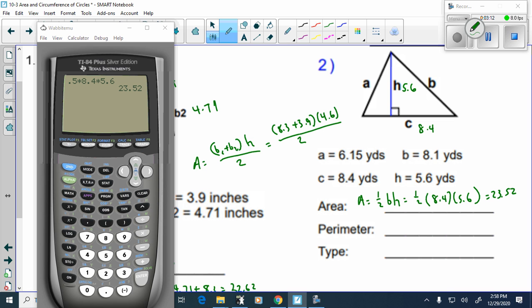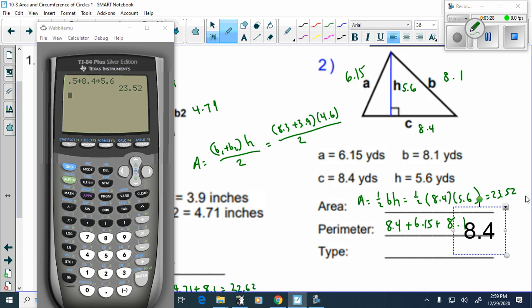The perimeter is going to be to add up the three sides. So 8.4 plus 6.15 plus 8.1, that's 22.65.